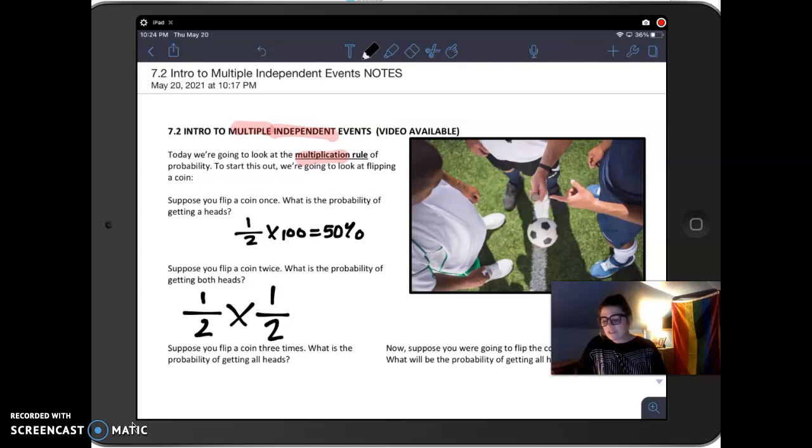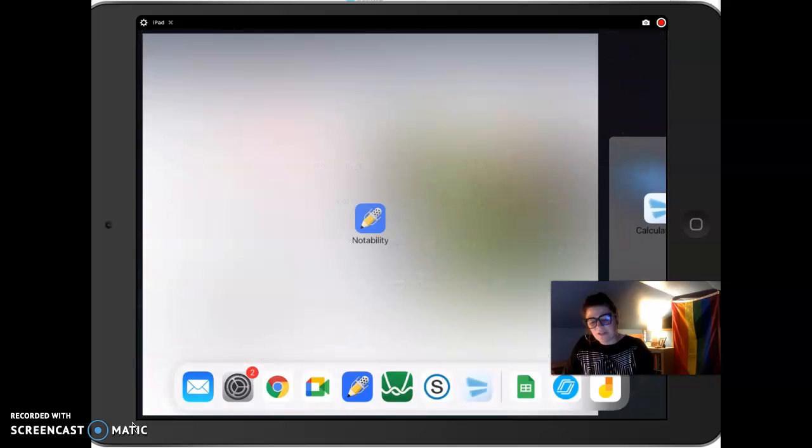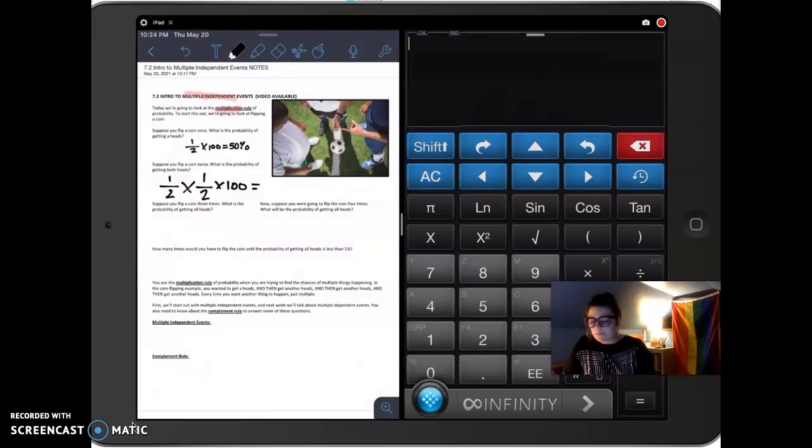All right, so what's the probability of both getting heads? 1 out of 2 times 1 out of 2. We want to turn it into a percent, so we multiply by 100. Let's remind ourselves, how would we do this on a calculator? You probably don't need a calculator to do this, but let's just do it on the calculator so that we know how to do this for more complicated examples.